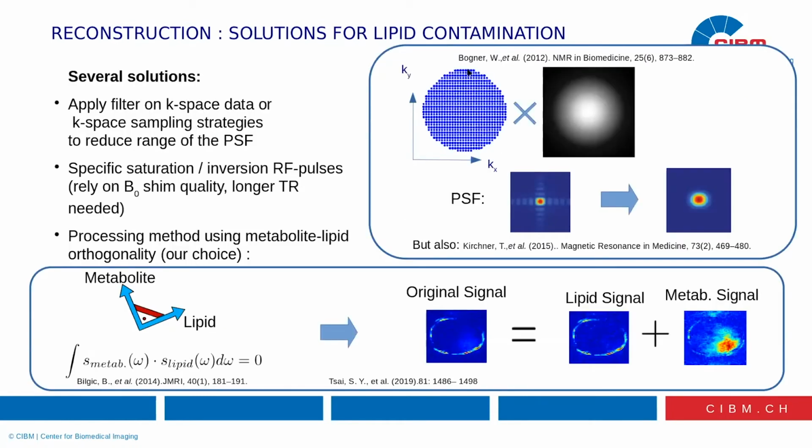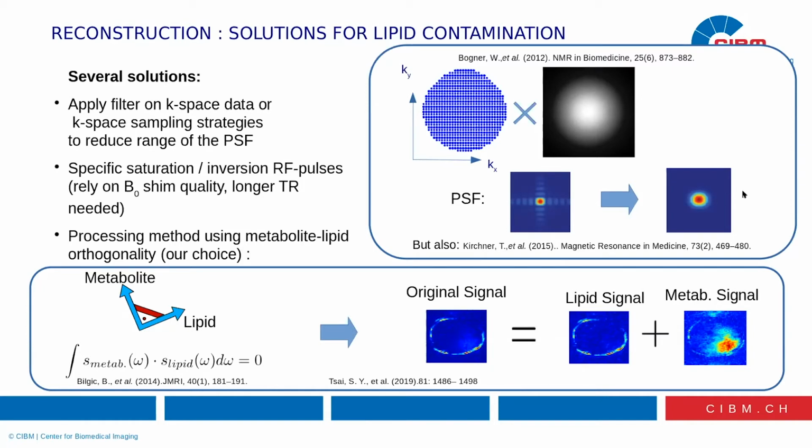One simple way is just to apply a window function on the K-space, like was done by Bogner in 2012. In this case, the PSF, that is a sinc function, goes into a more bell-shaped function, more compact, at the cost of having an actual voxel size a bit wider, of course, but at least we don't have the side lobes and we can limit the contamination.